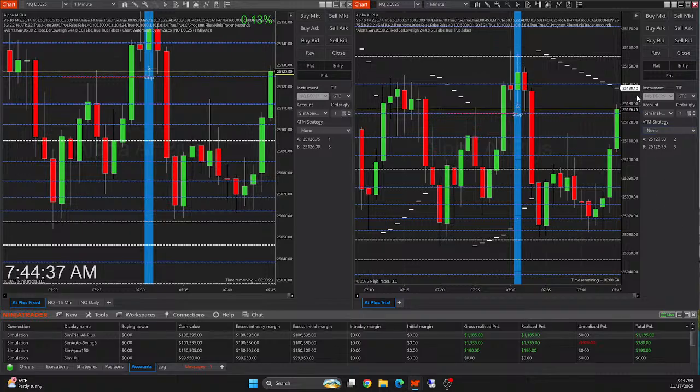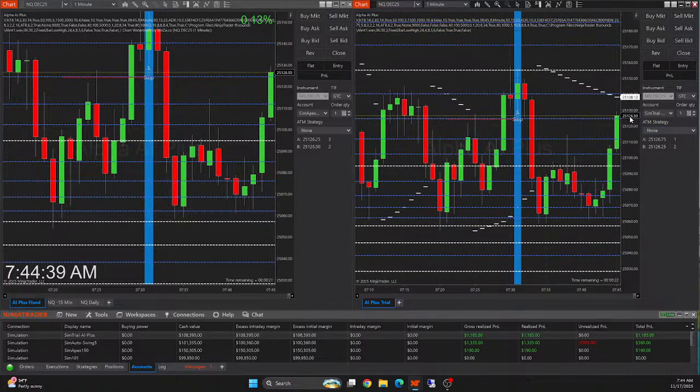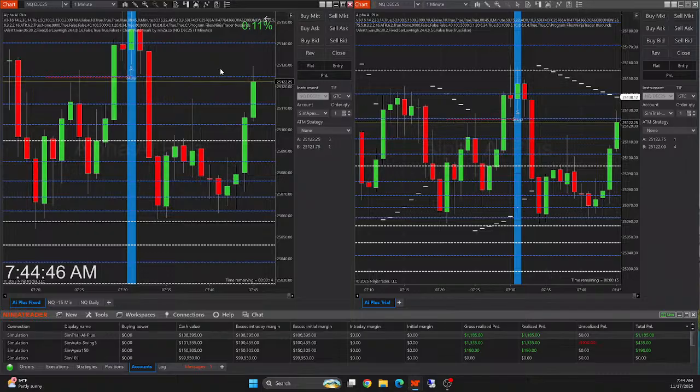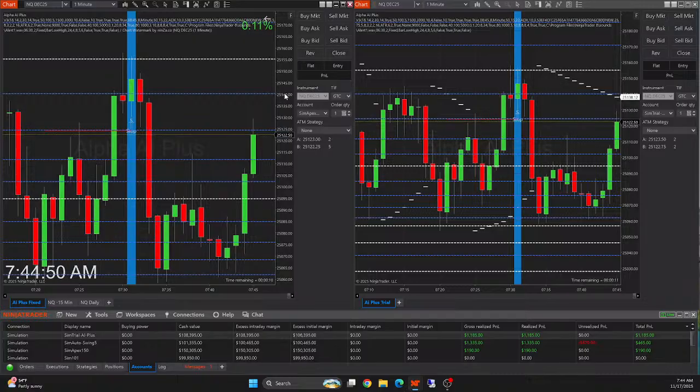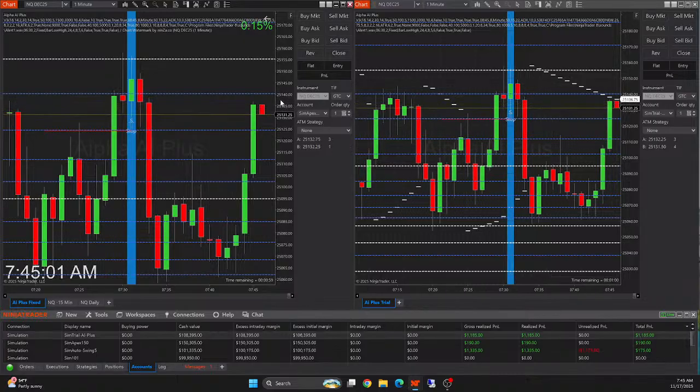Markets are pushing up now. Oh, the swing 5 now is going to give up the profit, but that's fine. That's a big move upside. Big move.